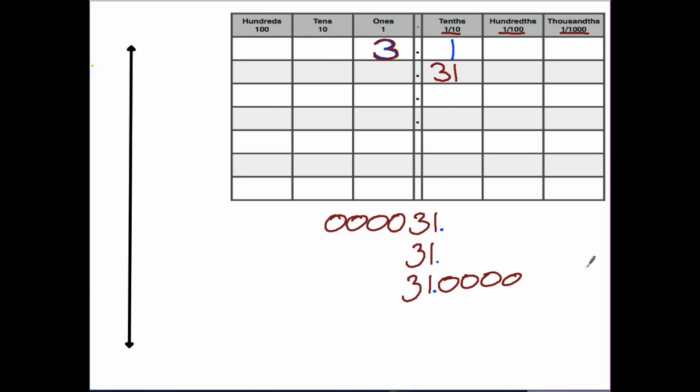Now, are those two numbers the same? Are those three numbers the same? Give me a thumbs up if you think those three numbers are the same. If you don't think they're all three the same, show me with your fingers how many you think are the same.